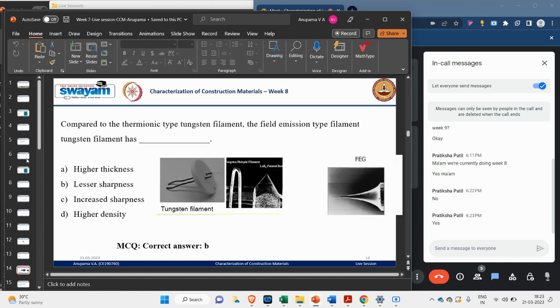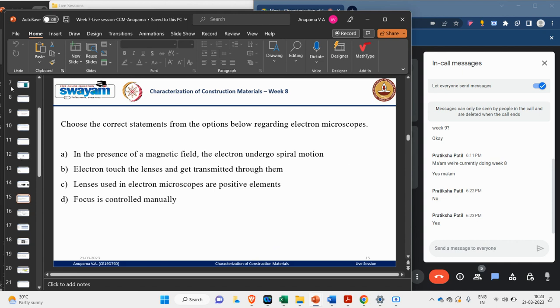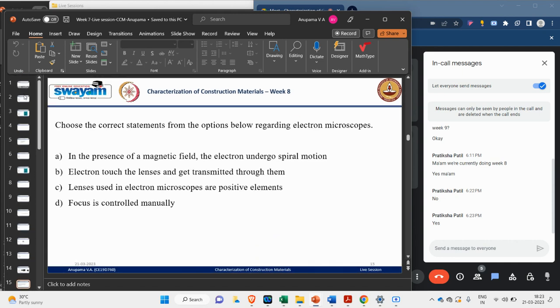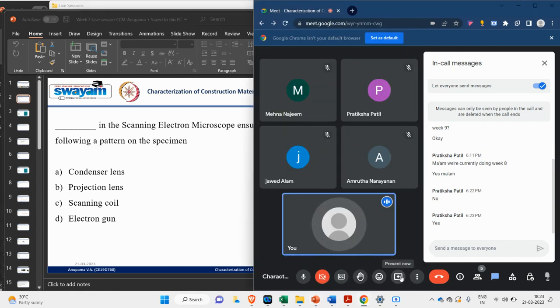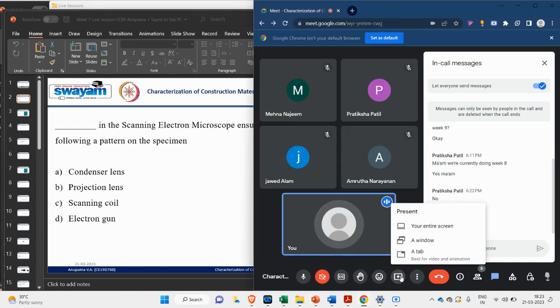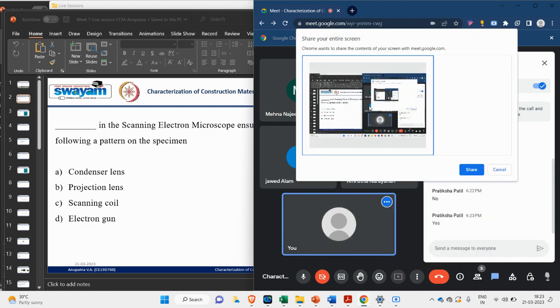It's already covered. I'll just share the screen. Let me know if that content has been taken. Okay, because I'm confused, since you told me that you are currently going through image analysis. Let me see.